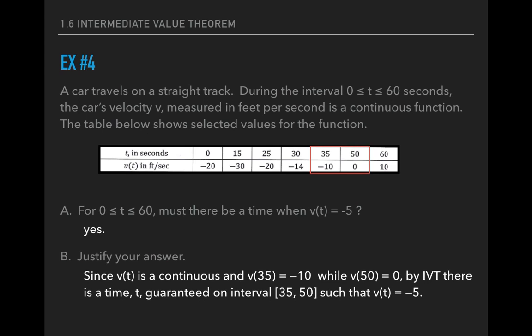By our theorem, because this was continuous and you could place that t value between them and get what you needed, which is -5, and -5 is between -10 and 0, there is a time when that happens. I'm not sure what time it is, but you would be able to figure that out.